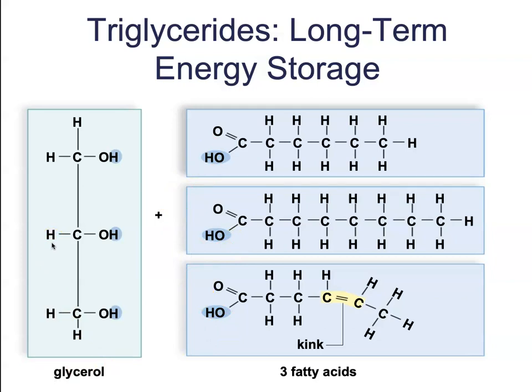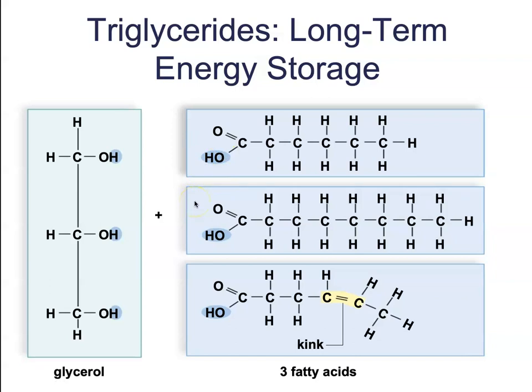Each one of those fatty acids is going to consist of a very long hydrocarbon chain with an even number of carbons and a carboxyl group at one end. That COOH group, this carboxyl group over here at the end, is what's going to donate a hydroxyl group in the event that we want to link up and form a triglyceride.